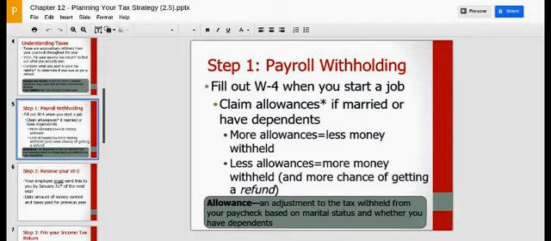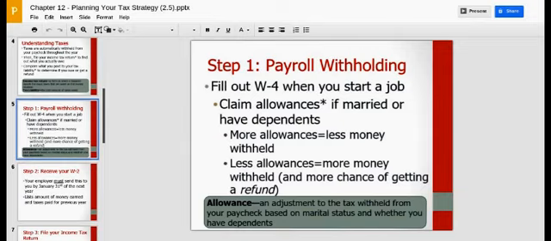We can claim allowances if married or have dependents, and allowances reduce the amount of taxes withheld. So if we're married, we can claim an allowance. If we have dependents, such as children who are dependent on the money that we make, we can claim an allowance. It all reduces the taxes that we pay.